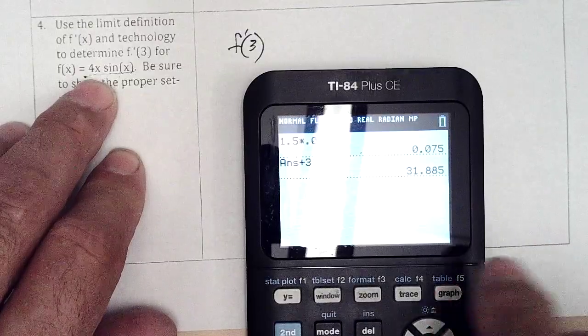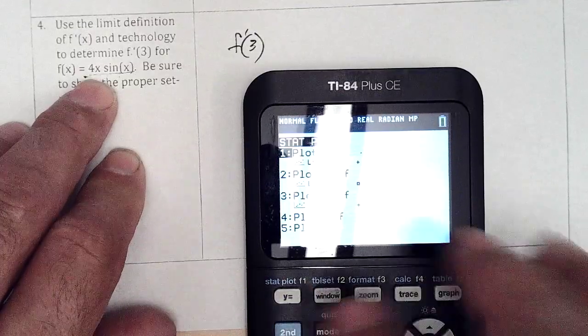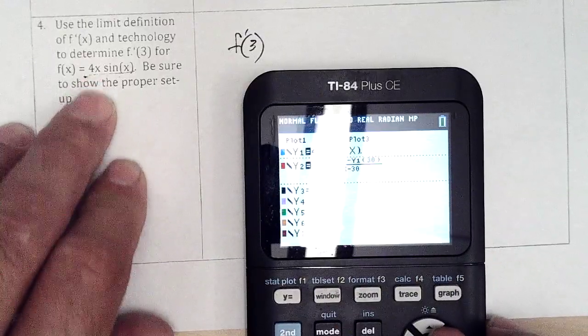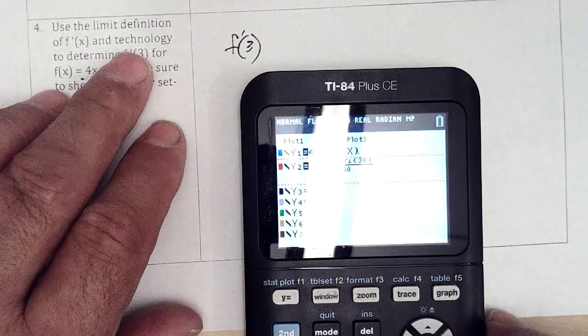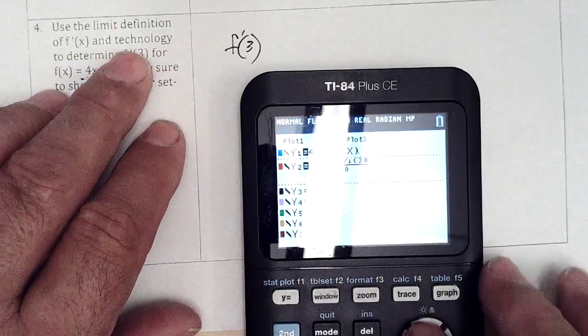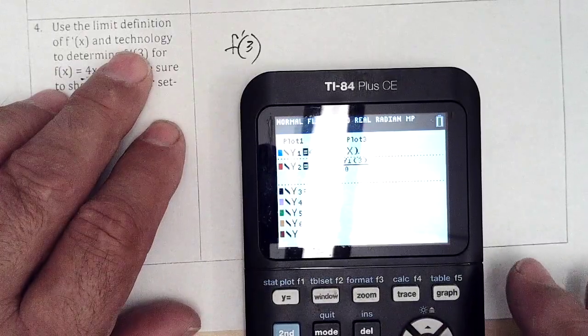Then I want to make sure that I'm doing this one at 3 and not 30, like I was for the first problem.